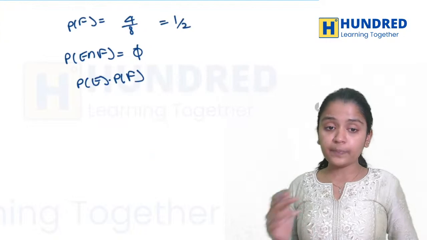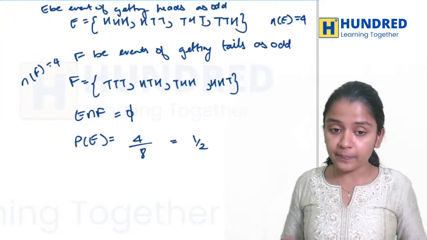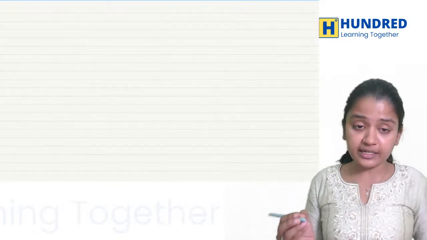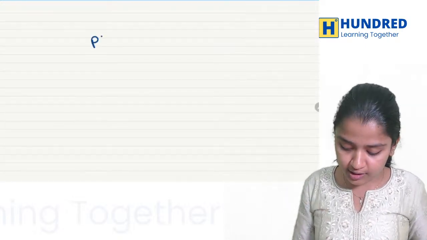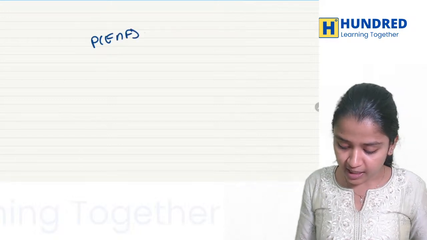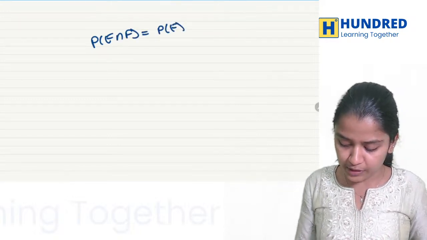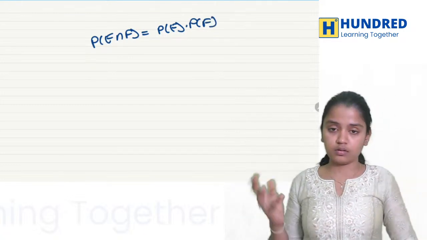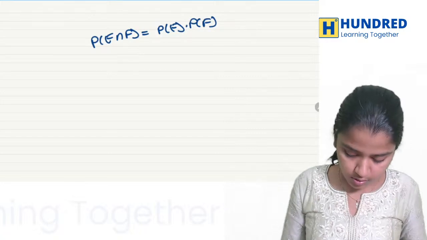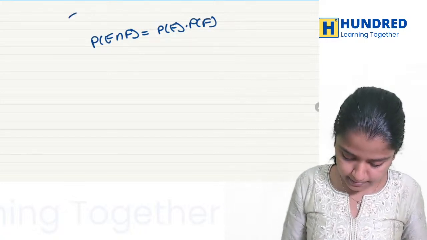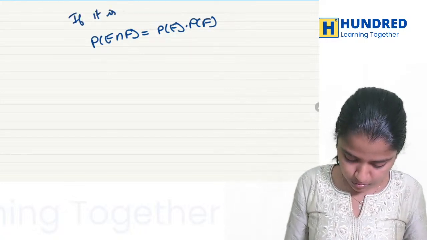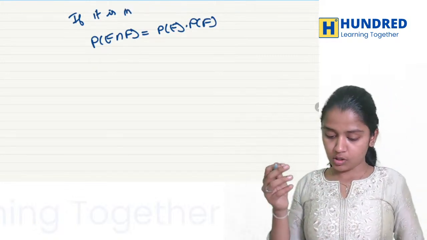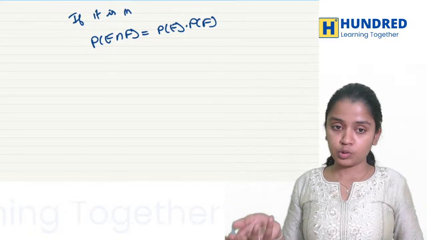Okay? So in general, let me tell you a condition for checking whether events are independent or not. If it is an independent event, its intersection we can split and write as P of E into P of F. Basically if it is not an independent event, it is dependent.